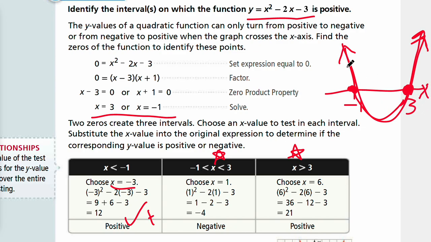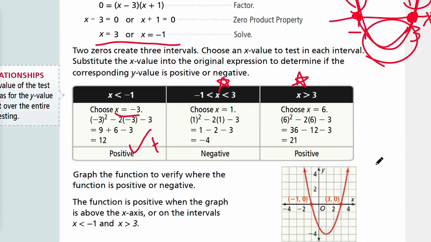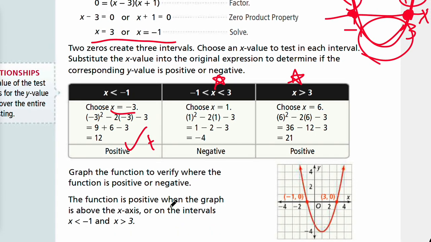Okay, so we are looking at these y values if they're positive or negative. But again, we're describing using the x values when we're describing when it's positive or when it's negative. Okay, so finally, you want to say when it's positive, when it's negative using the intervals.